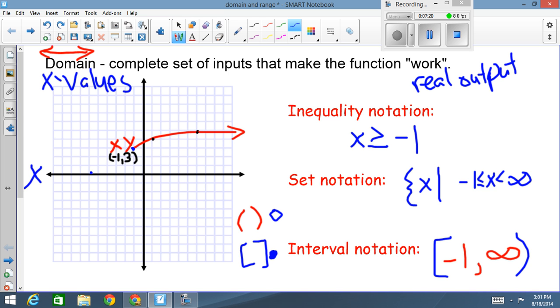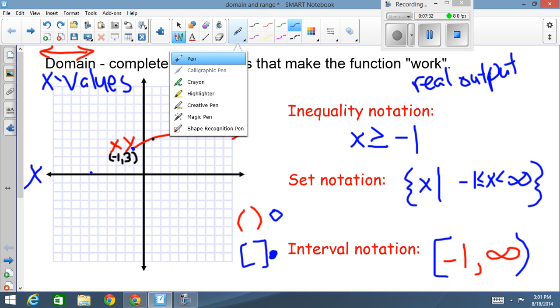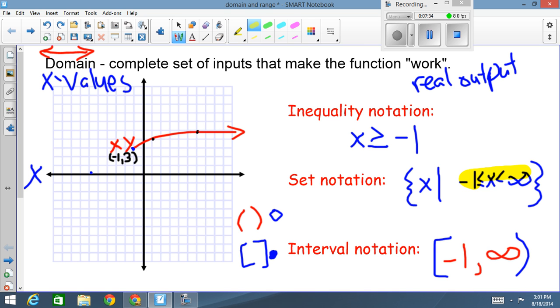So in that case, we don't put an equal sign. We just leave it as a less than. And for set notation, we close it out by closing the set. So you can see that set notation, which is basically this part here, is sort of a combination of interval notation with some inequality notation mixed in with it.